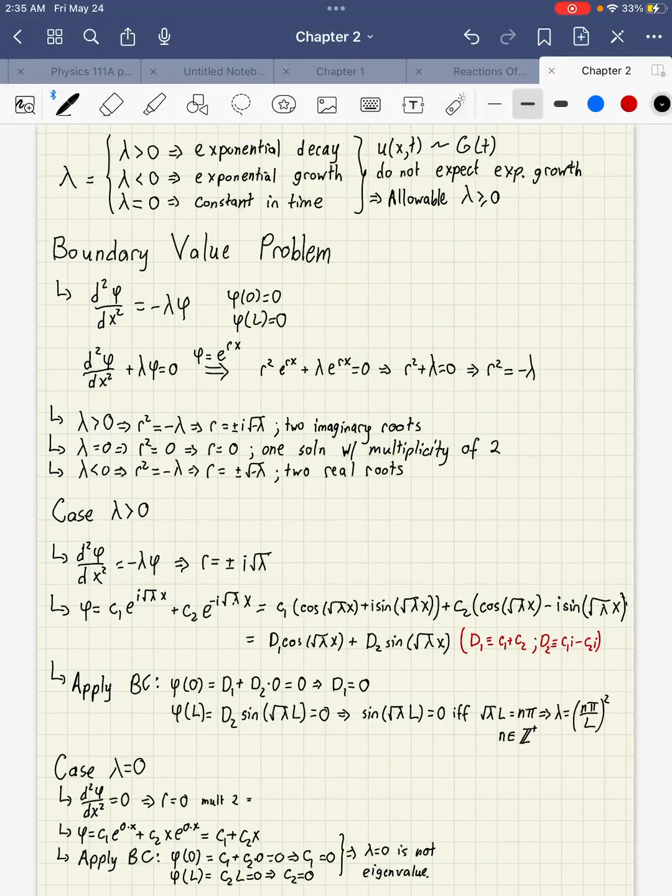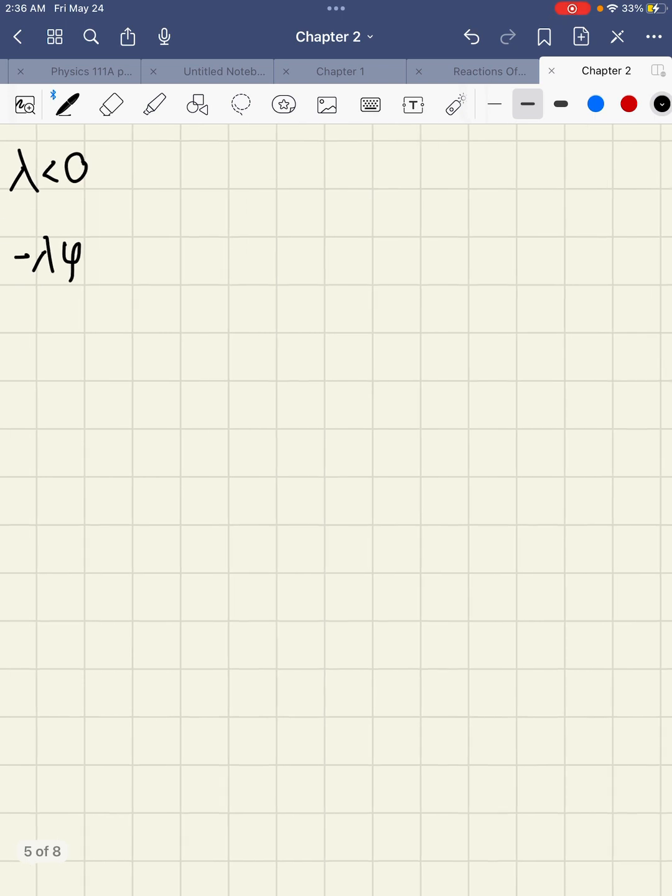Okay, and the last case, case 3, when my lambda is negative. Now, in this case, my ODE becomes phi double prime equals negative lambda phi, so it becomes a positive thing.